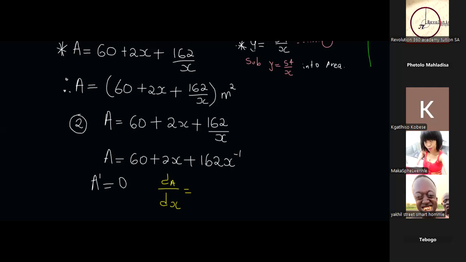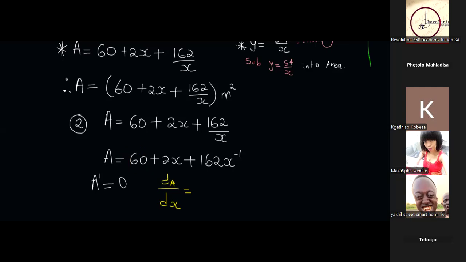So the other thing that you need to understand, now we are differentiating: the derivative of a constant is 0. I'm going to show you in sessions to come why the derivative of a constant is 0. I can prove that for you. It's very easy. So that is 60, and the derivative of a constant is 0, so we normally leave it, right? And then let's differentiate 2x.